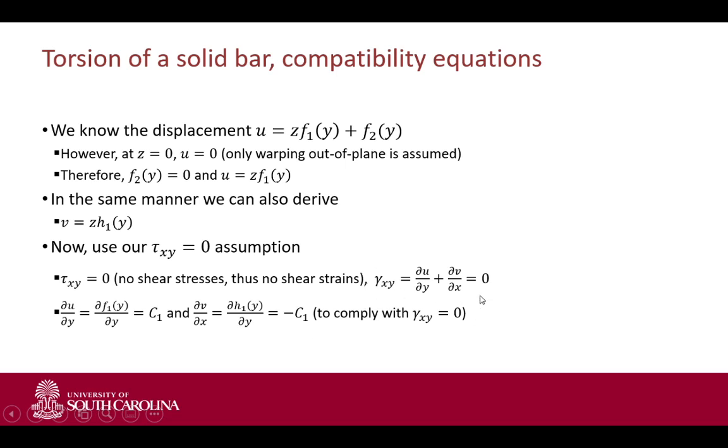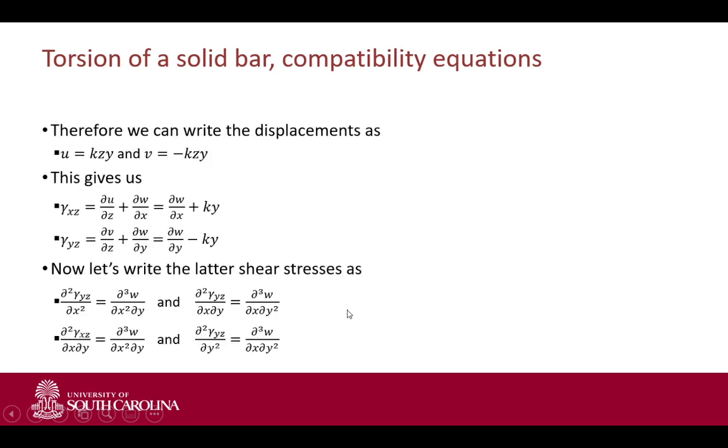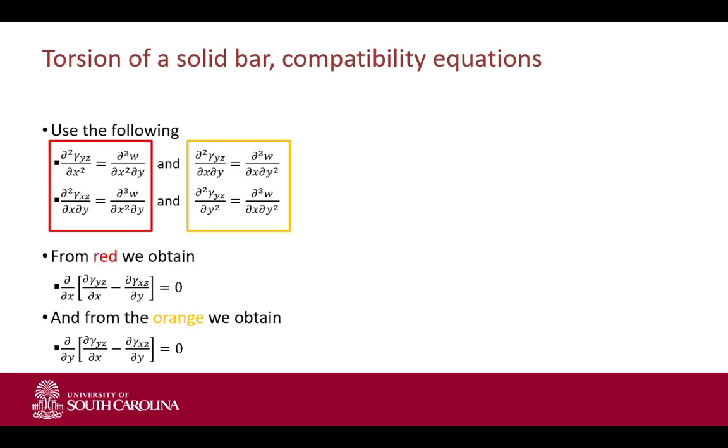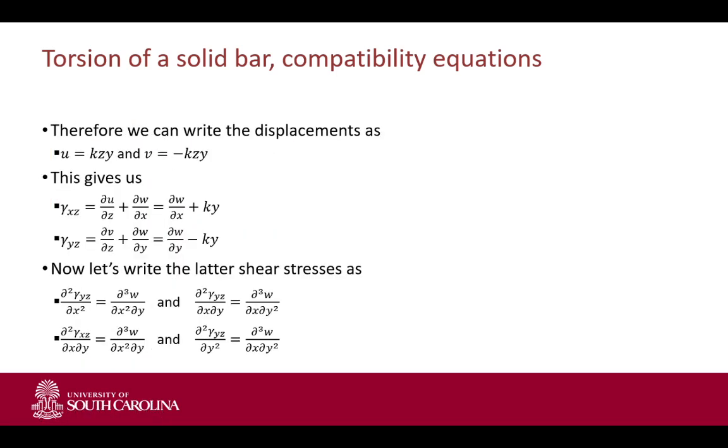And that's basically to comply with this condition that if we have no shear stresses, therefore no shear strains, and of course G can never be 0, so therefore this condition must apply. So what we can do is write this C1 as just a constant k, and we say that these two must be equal to each other.